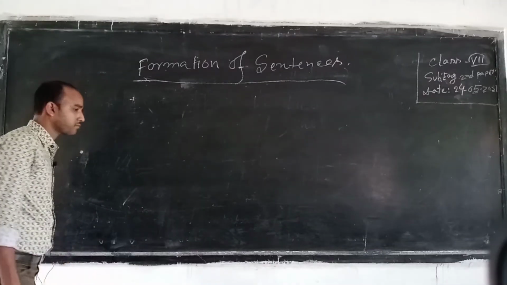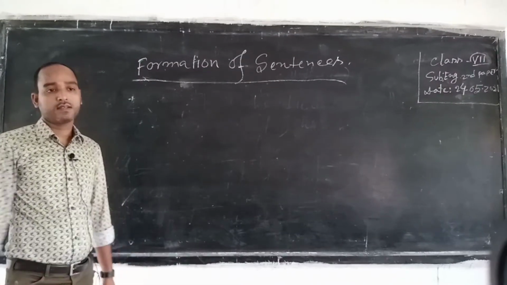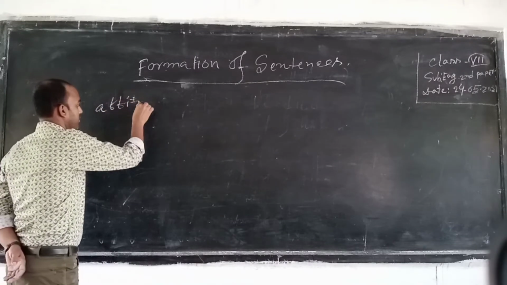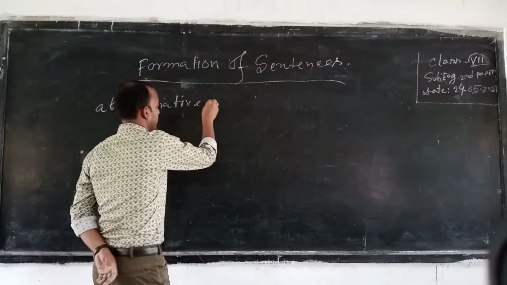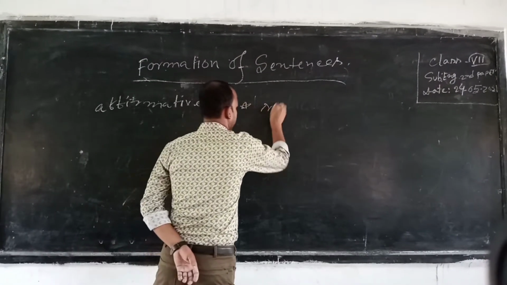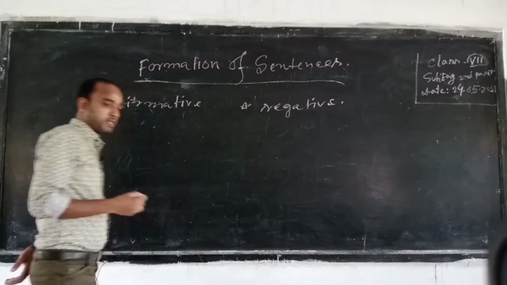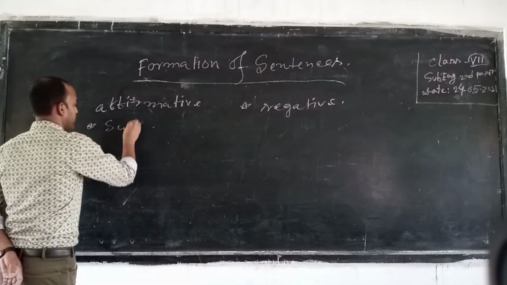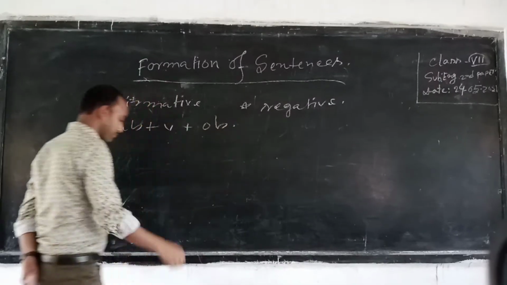At first, we have to know a statement is of 2 kinds: affirmative, then negative. And a statement starts with subject, then verb, then object.